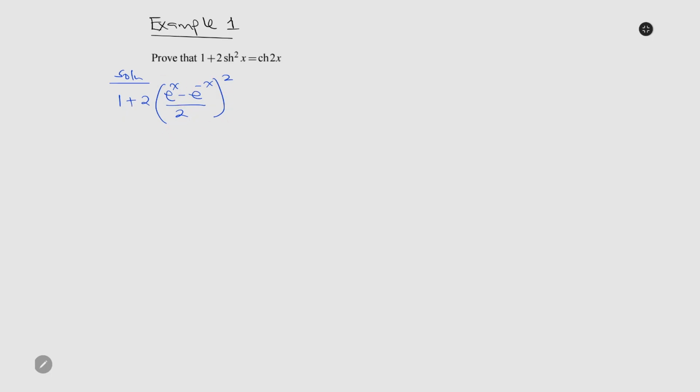I want us to square this, so we are going to have 1 plus 2 times the exponential x minus exponential negative x squared, over 4, because I've distributed the powers.